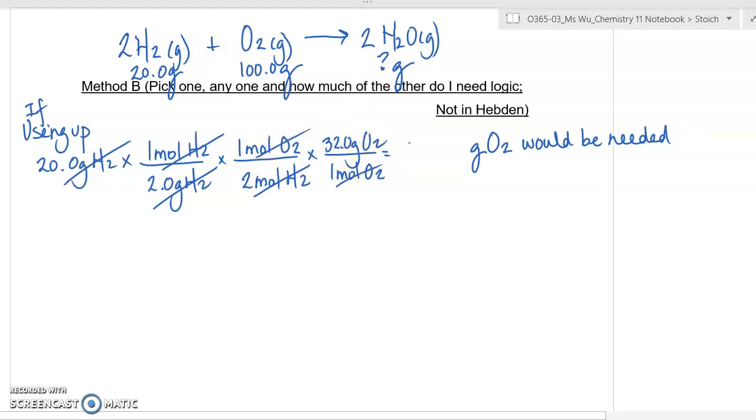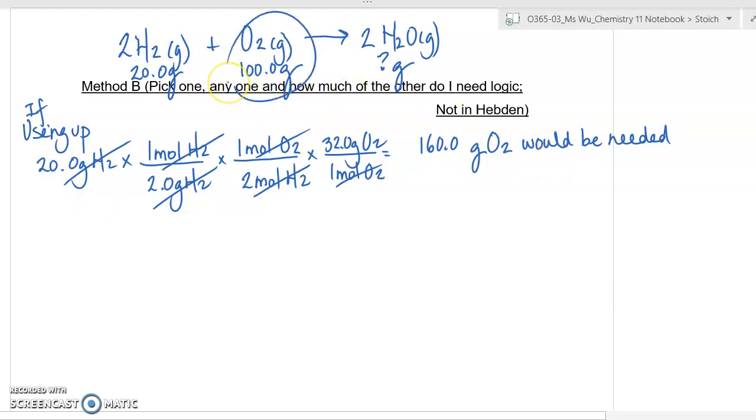So let's see. Getting my calculator out, numbers on the top, we multiply, numbers on the bottom, we divide. Times 32, let's see, 160 grams. Cool. Wait a minute, what does this mean again? If I'm using up all of the hydrogen that's given, I would need 160 grams of oxygen.